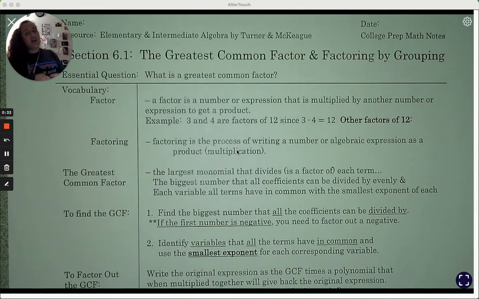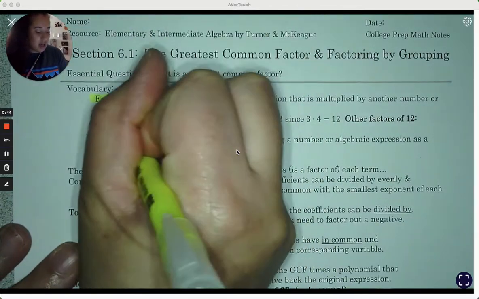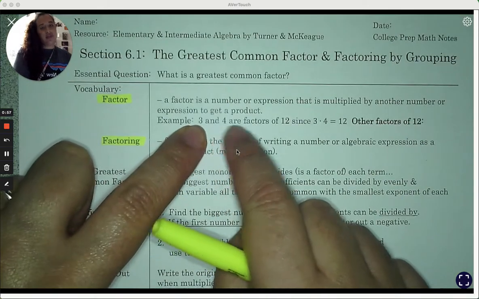All right, so I've actually used 2 of our vocabulary words in the last 30 seconds. But vocabulary for this lesson, we have a factor, and we talk about factoring, okay? So a factor is a number or expression that is multiplied by another number or expression to get a product, okay? So example, we have 3 and 4, they're factors of 12.